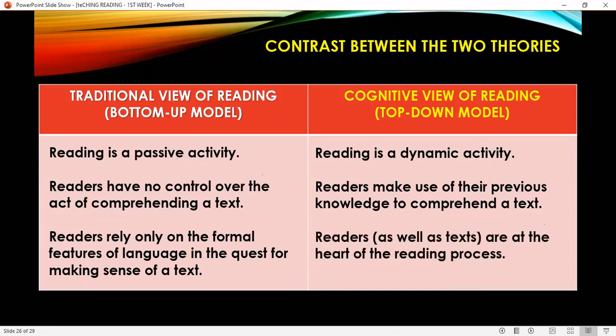But on the other side, in the cognitive view, the top-down model, readers as well as texts are at the heart of a reading process. It doesn't mean that the texts are not important, because they are important, but here the readers are important too. There is an interaction between the reader and the text. That's why here the cognitive is a dynamic activity, not a passive activity.